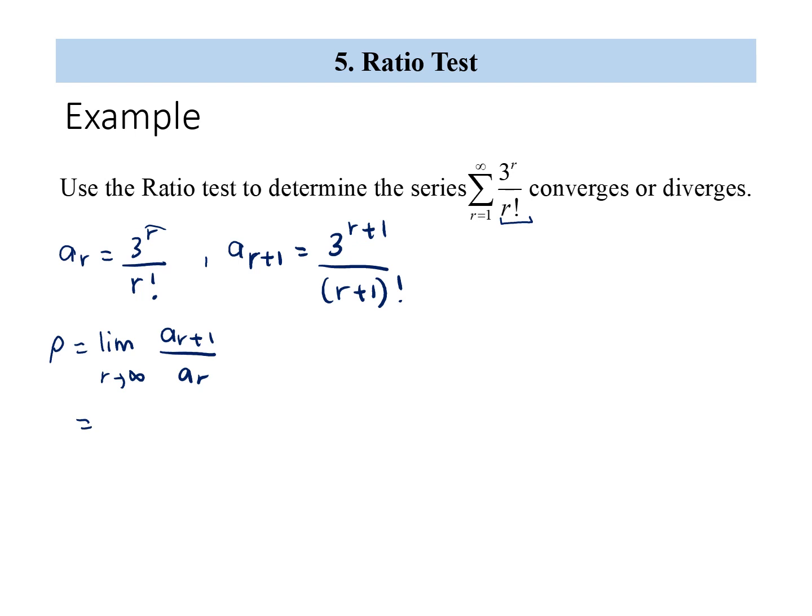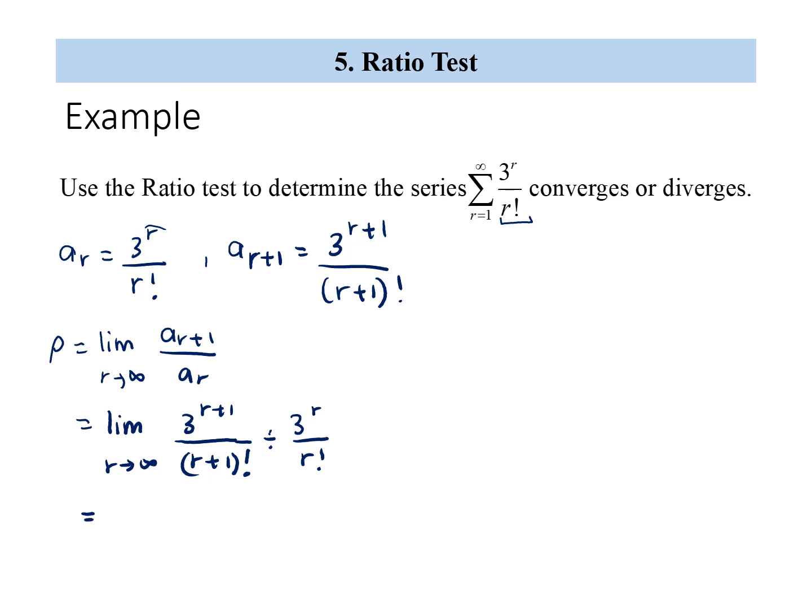Since we have a_(r+1) and a_r, we can substitute into the limit: the limit of a_(r+1), which is 3^(r+1) over (r+1) factorial, divided by a_r, which is 3^r over r factorial.